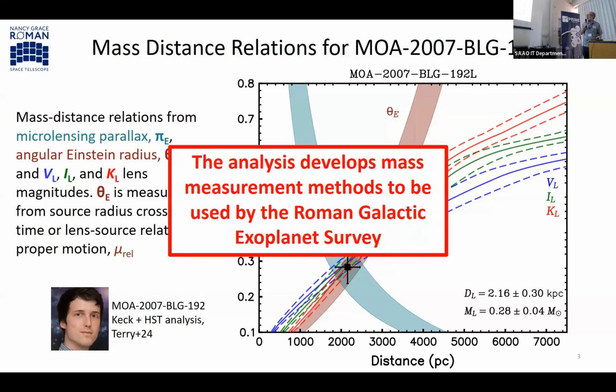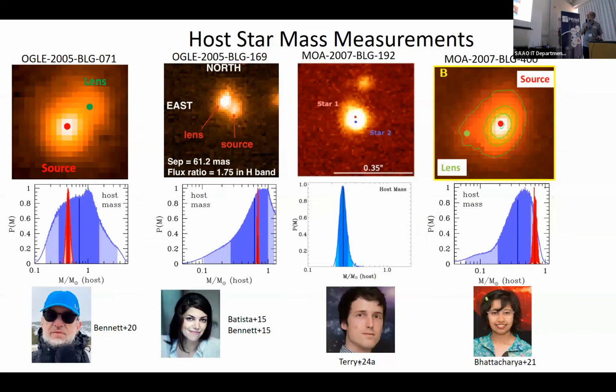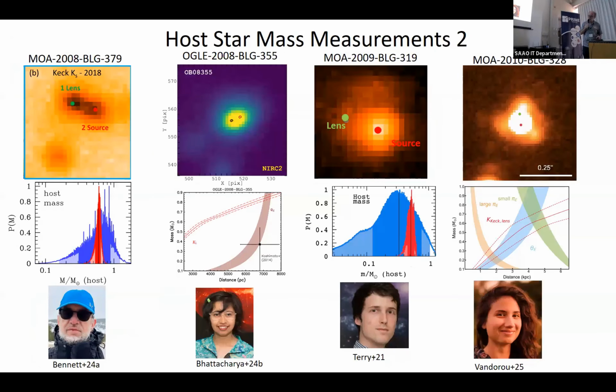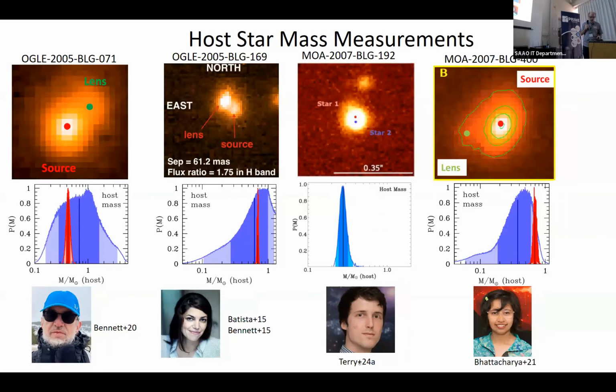All right, and so the analysis we're going to present is developing the mass measurement methods to be used by Roman galactic exoplanets. Here are examples of some papers from our group.